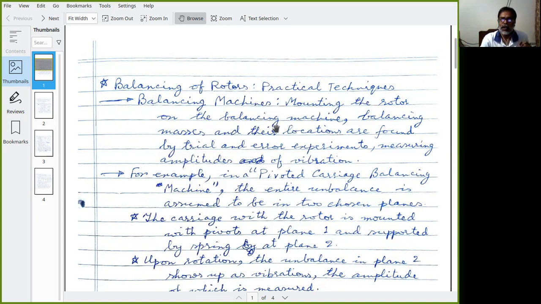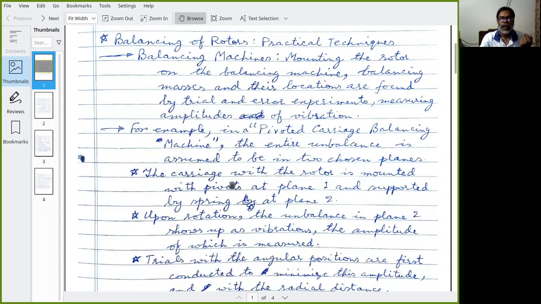So you mount the rotor on the balancing machine, and then you conduct trial and error experiments with balancing masses and their locations, through measurement of amplitudes of vibration.